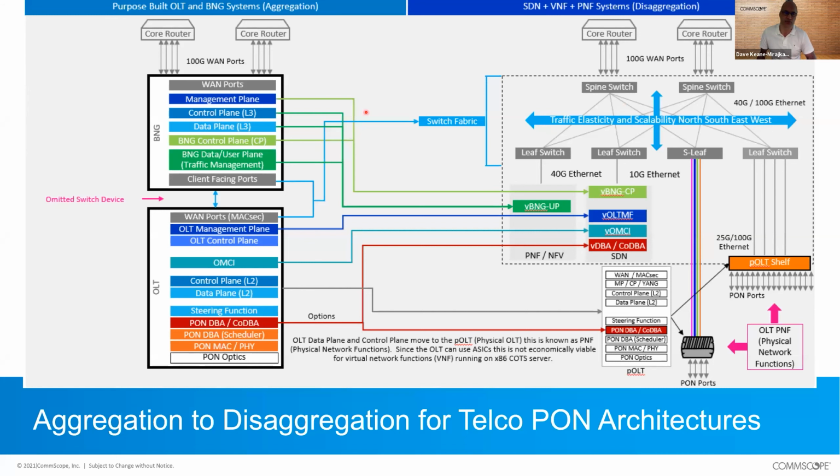And as we go through some of these functions, if I look at some of the OLT functions, we've taken out some of the control plane and management functions, and then we've put that in a standalone environment in an SDN cloud. So this is a way of extracting some of the control planes and management functions, putting them into the cloud, and then having those elements have a direct southbound view of all the network, all the hardware elements that sit below it.